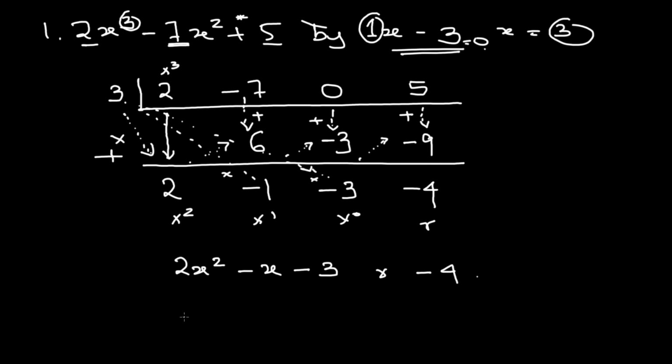So our partial fraction will be 2x squared minus x minus 3 plus, now because it will be a partial fraction, -4 over the divisor, which is x minus 3.